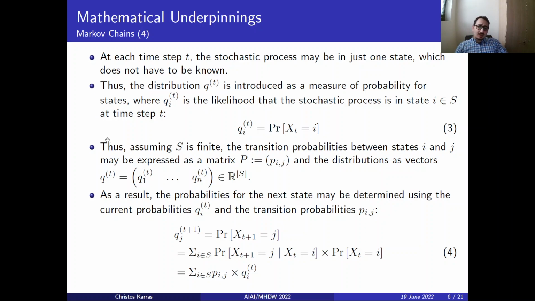Assuming that the set of elements S is finite, the transition probabilities between the states i and j can be expressed as a matrix P of this form, and the distributions can be expressed as vectors of this form. As a result, the probabilities for the next state can be determined using the current probabilities q_i^t and transition probabilities P_ij, which are shown in equation 4.